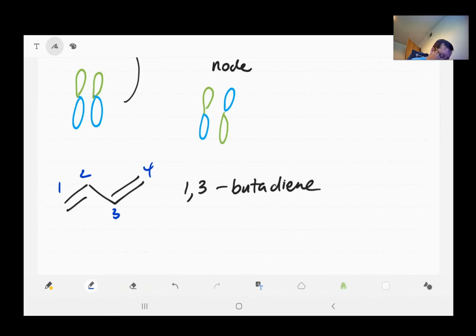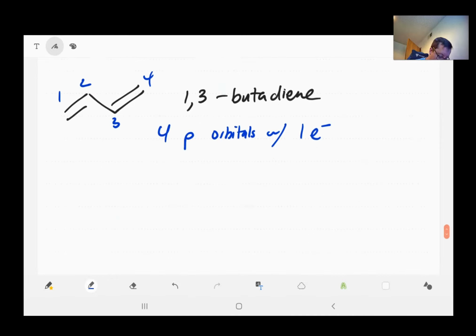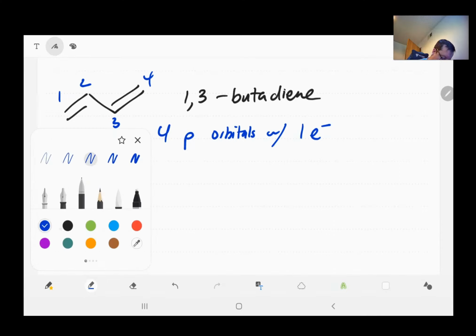So we have 4 p orbitals with 1 electron each. So all these p orbitals have 1 electron. We have 4 p electrons total. There we go, that's what I'm trying to say.